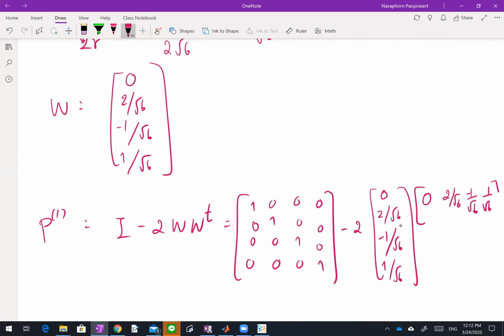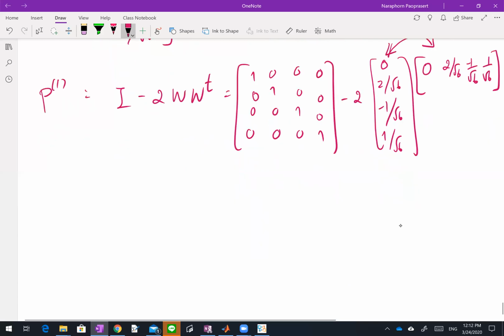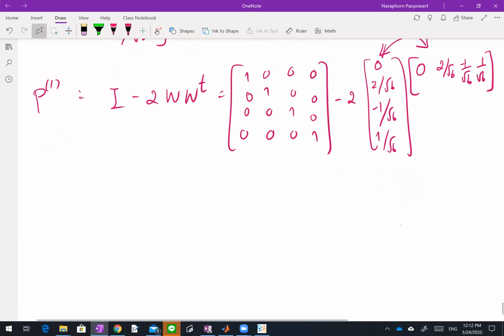Note though that if you multiply these two vectors together, it's not a dot product, it's going to give you a big matrix. The reason why I say big is a 4x4, right? So it's not like a dot product that you get a scalar, it's going to be a matrix. So you do the calculation.